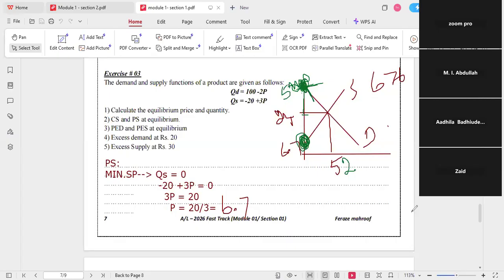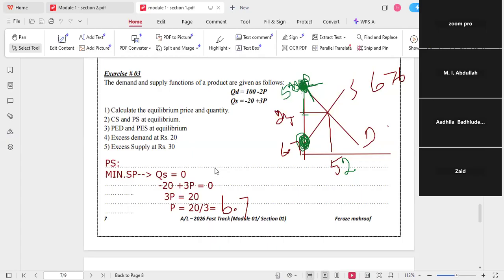Minimum supply price 6.7 or 6.6 if you keep, also not wrong, because we are rounding off 6.666 recurring. In that way approximation 6.7 or 6.6, no problem.